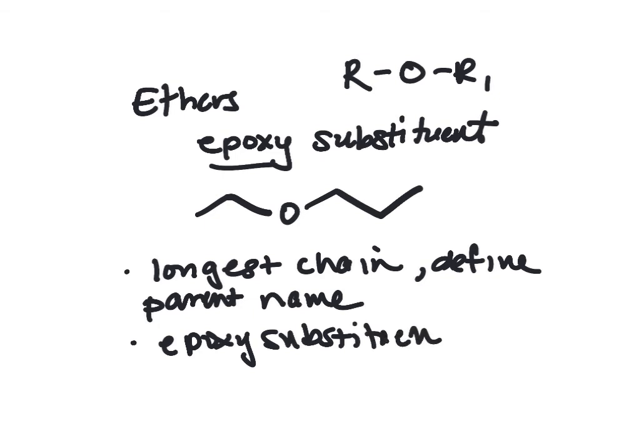Now at times you may have to give a location. So if we're naming this ether here, the longest chain has 3 carbons. So this would be an ethoxy substituent. So this compound would be ethoxypropane.